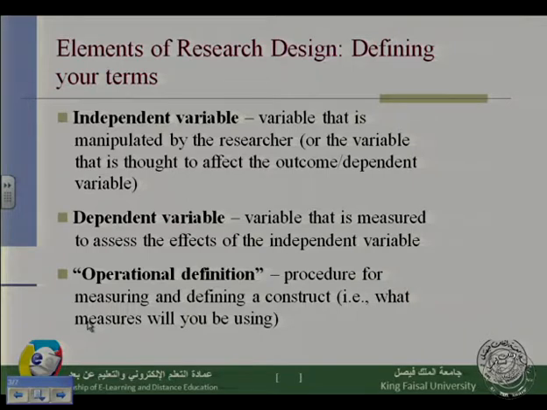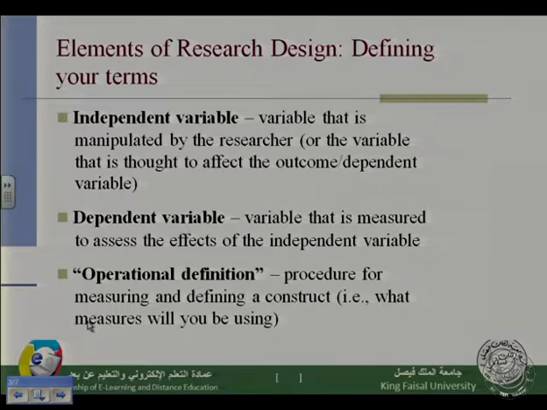So what are the variables here? We have the variables: computers and the subjects learning English. So which is affecting the other? Is the learning affecting computers, or are computers affecting the learning? Yes, computers are affecting the learning. So the variables here are computers and learning.